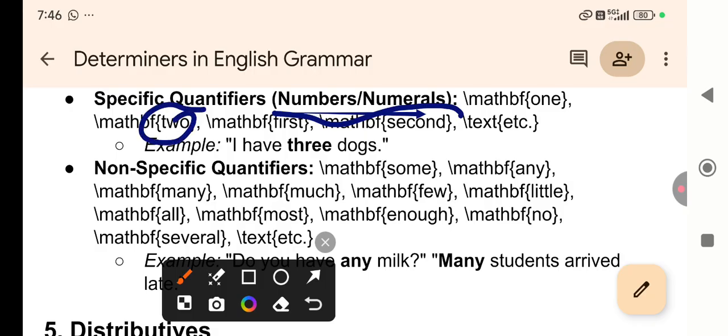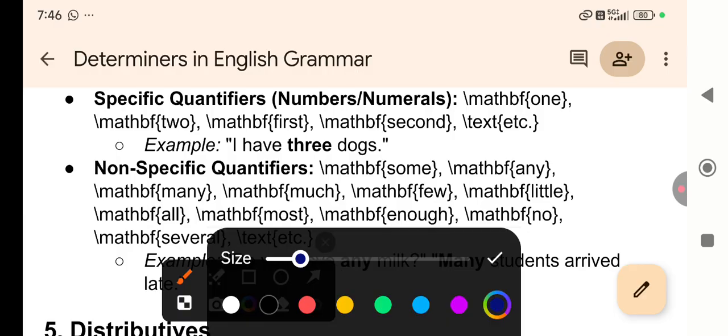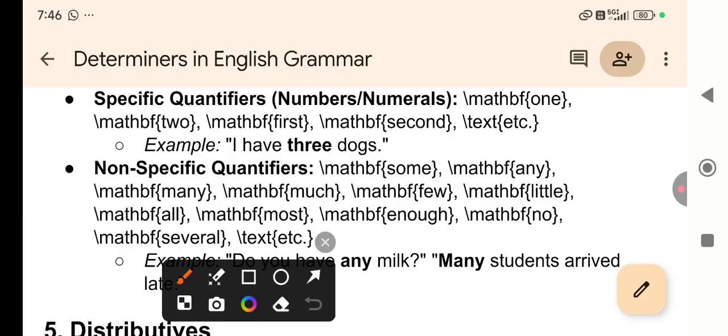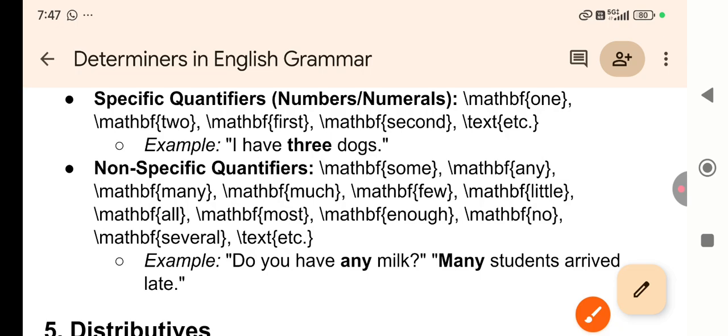Two, first, second, right? So I have 3 dogs, that is specific, right?